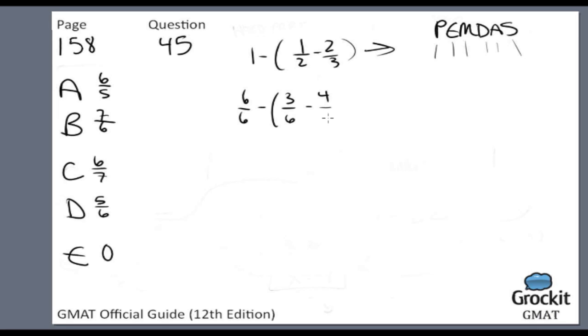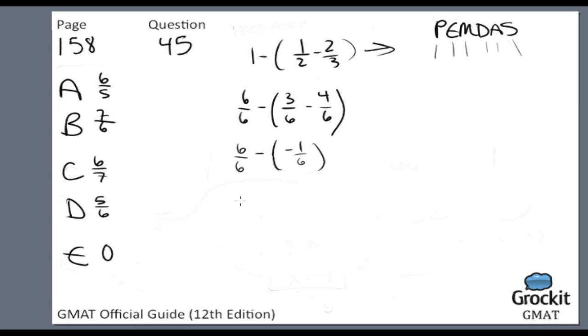6/5 is the least easy to read fraction over the internet. Okay, so 3/6 minus 4/6 equals negative 1/6. And 6/6 minus that 1/6.